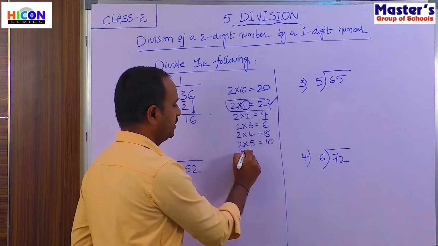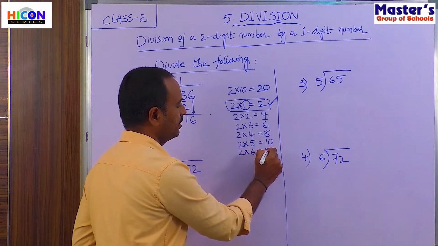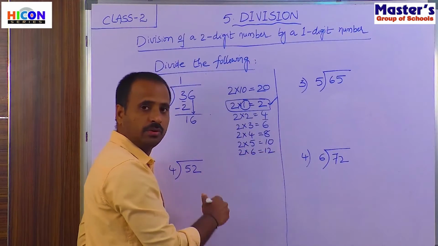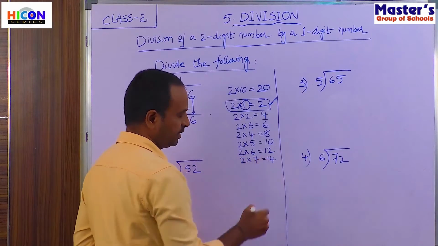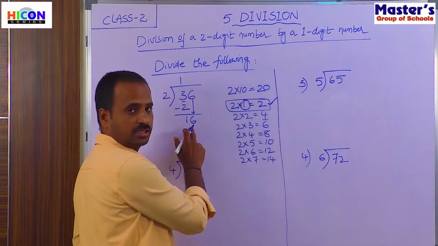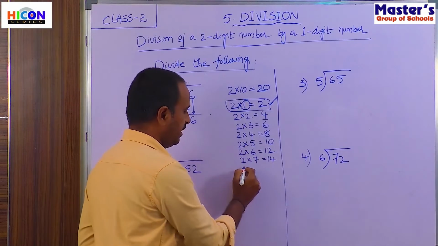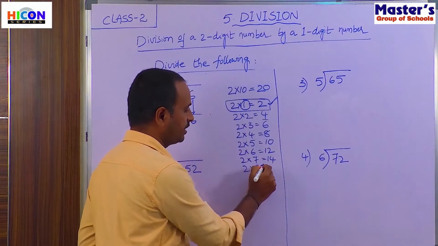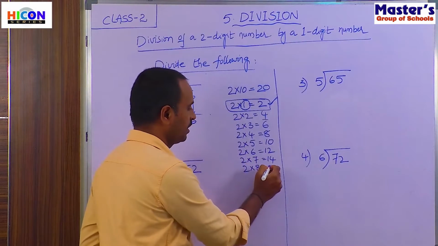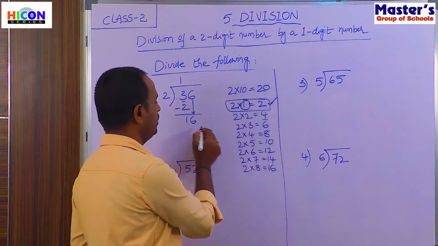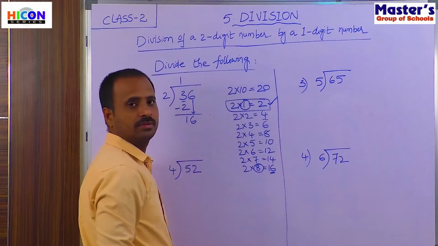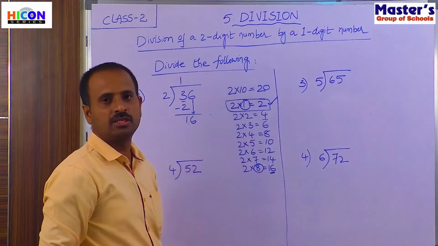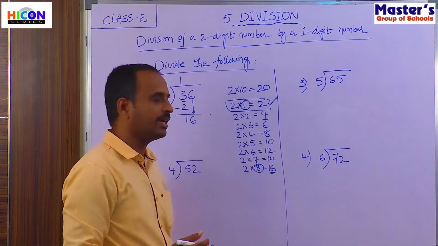Now take 6 times, that is 2 sixes are 12. Now take 7 times, 2 sevens are 14. But we want 16. So now take 8 times. If you take 8 times, 2 eights are 16. So we have got the number 16. How many times? 8 times. So 8 times 2 is 16. That's why we have to take 8 times here.